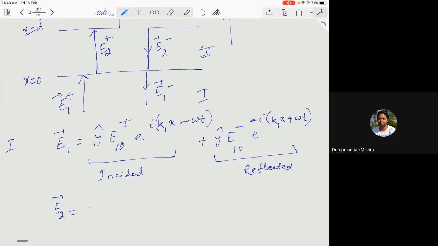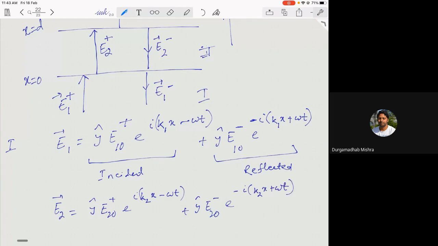For the second medium, I will write E20 plus, exponential of i(k2x minus ωt), plus y-cap E20 minus, again with a minus sign here, exponential of minus i(k2x plus ωt).